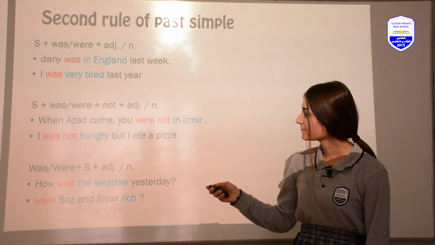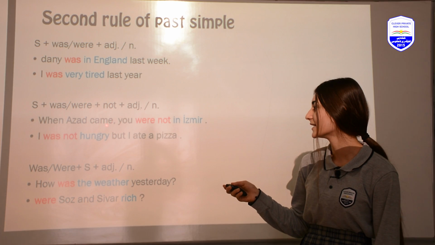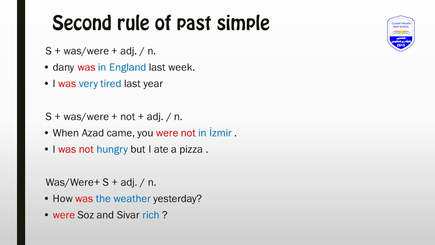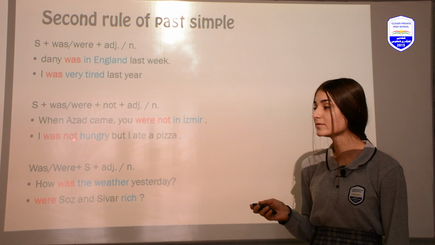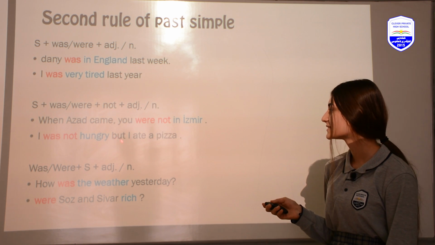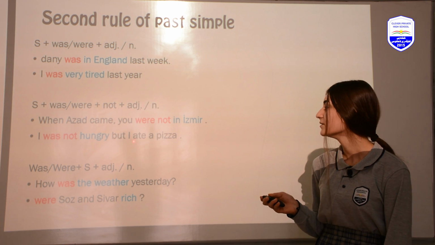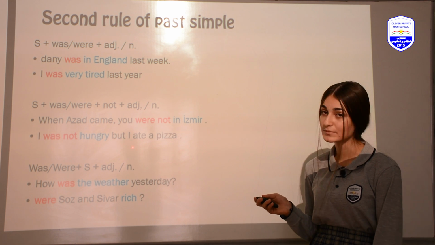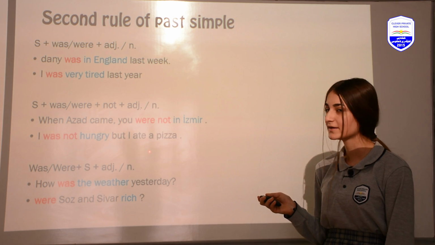And again, we have the first rule of past simple here because Azat is the subject and came is the verb past. Another example, I was not hungry, but I ate a pizza. I is a singular subject, we use was, not because of negative form, hungry is the adjective, but I ate a pizza. Again, we have the first rule here because I is the subject and ate is the verb past.